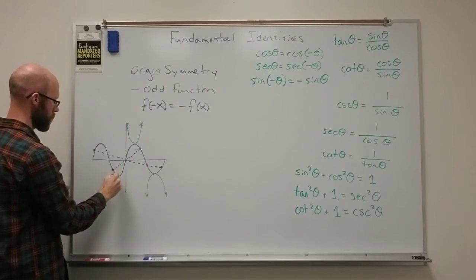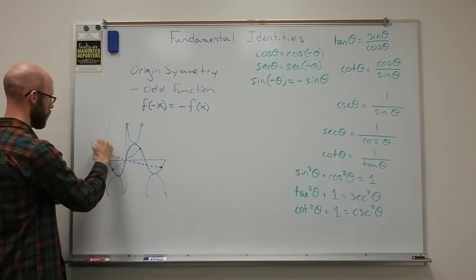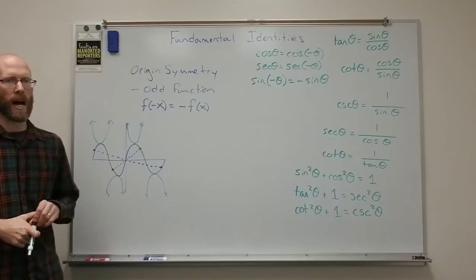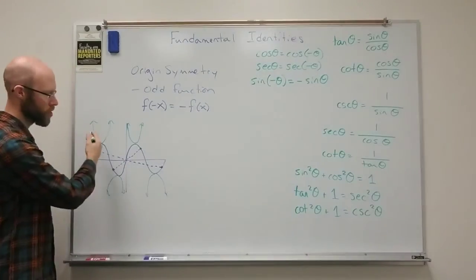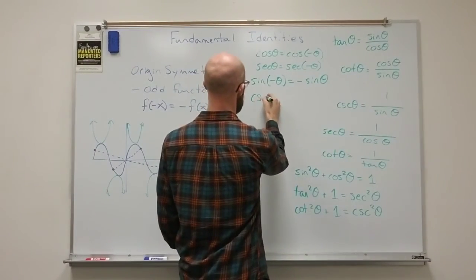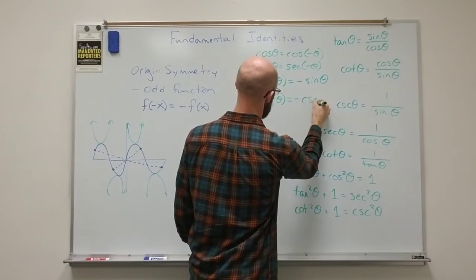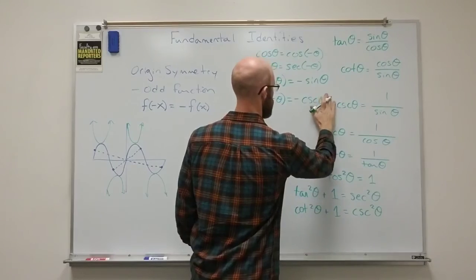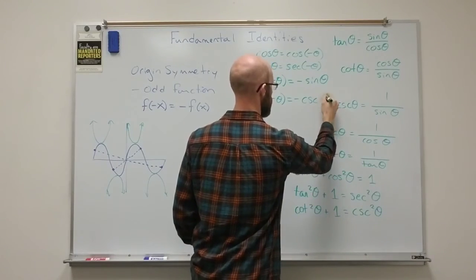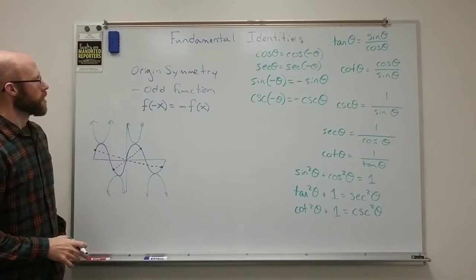The cosecant is the reciprocal of the sine, and so it will also be an odd function because it's going to have origin symmetry if you reflect those points. So the cosecant, CSC, of negative theta is the negative CSC of theta. All right, so I've got those two things down.